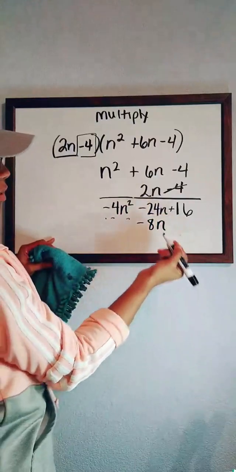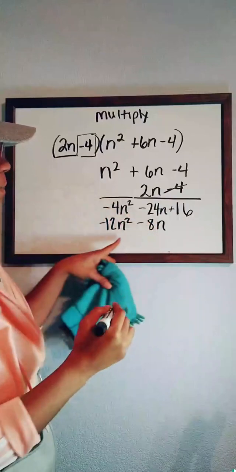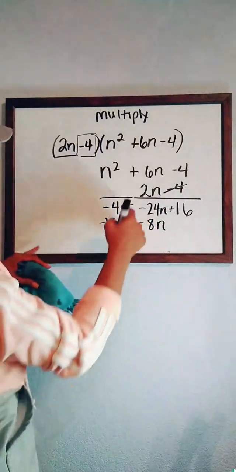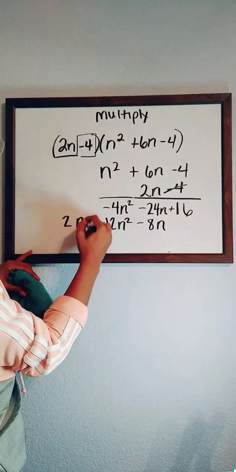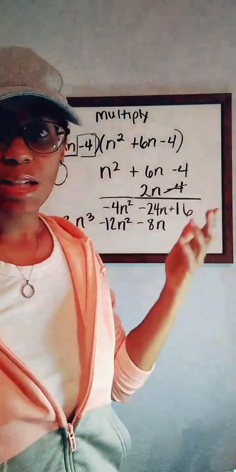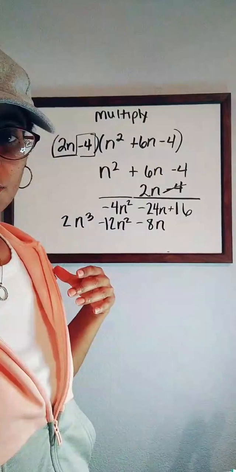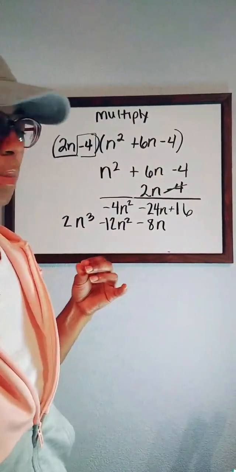Look, I done messed up. 2 times 6, negative 12n squared. That's how I knew I messed up, because I'm lining them up the way they should. And then 2 times n would be 2n cubed. It helps me line it up so I can see it better. Oh yeah. The more you practice, the better you'll get for sure.